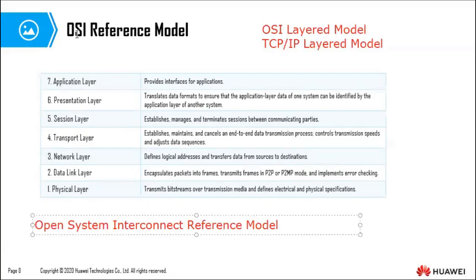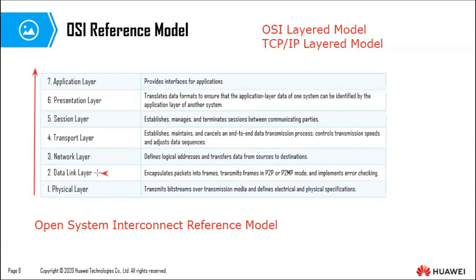Now, these layers are numbered. The OSI layers are numbered from top to bottom. You remember when we were saying that a switch is a layer 2 device? It simply means that the switch belongs to the data link layer.